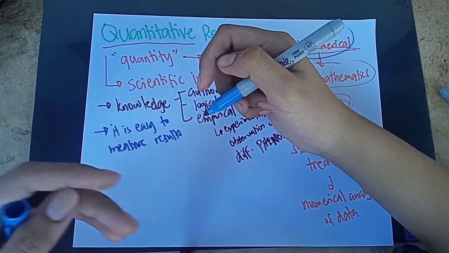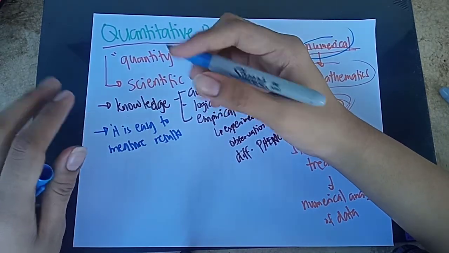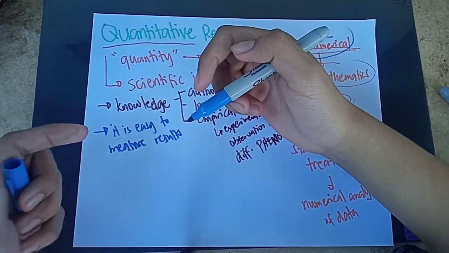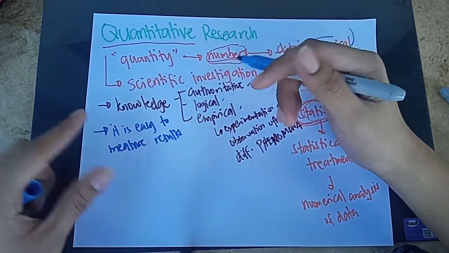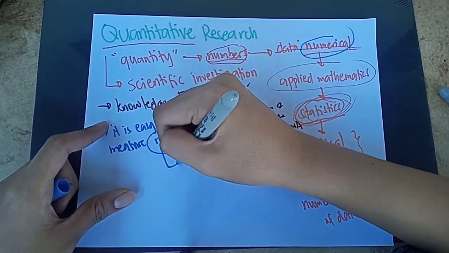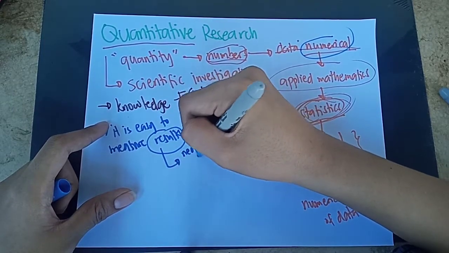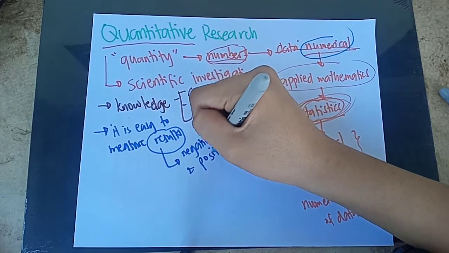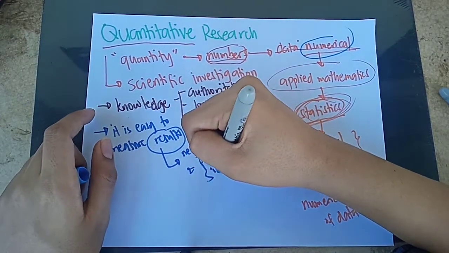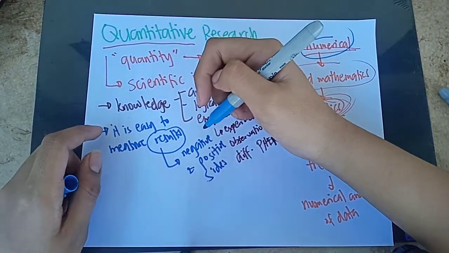And these results are derived in a manner that we can easily identify the negative and positive sides of a certain study.